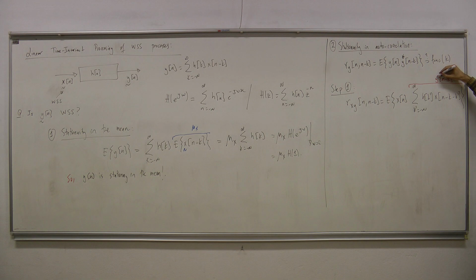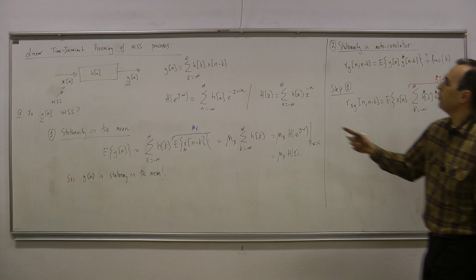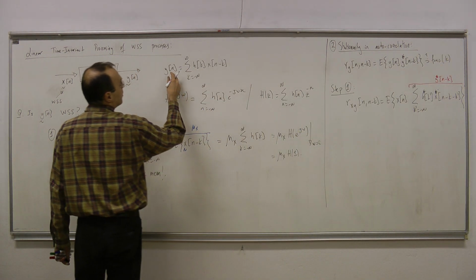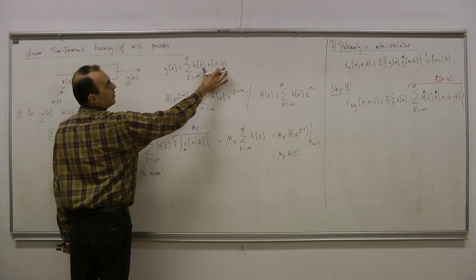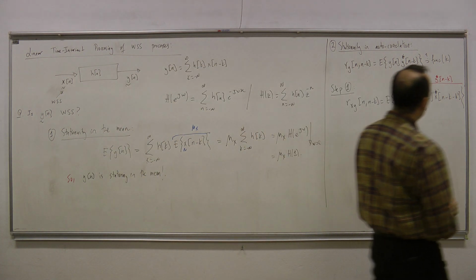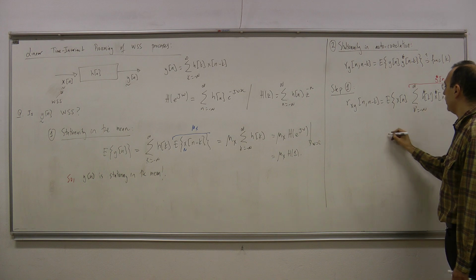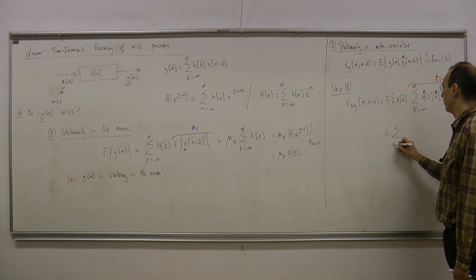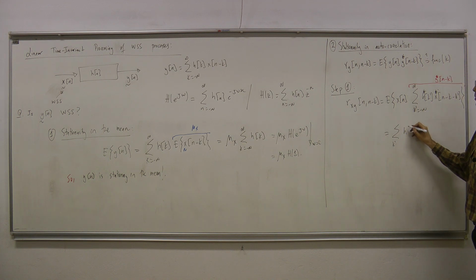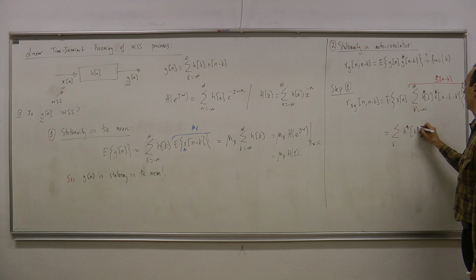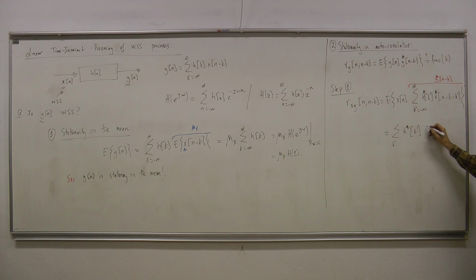Actually, this should be the conjugate of this. Okay, so then I take the conjugate of this one and this one. Am I right? So this is y of n. Instead of n, I'm writing n minus k, but this dummy variable is also k prime. Okay, so if I take this expectation inside of this operation, then what do I have?